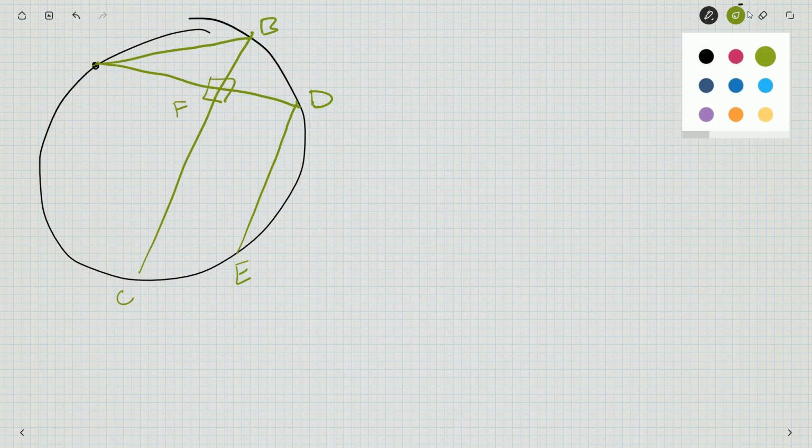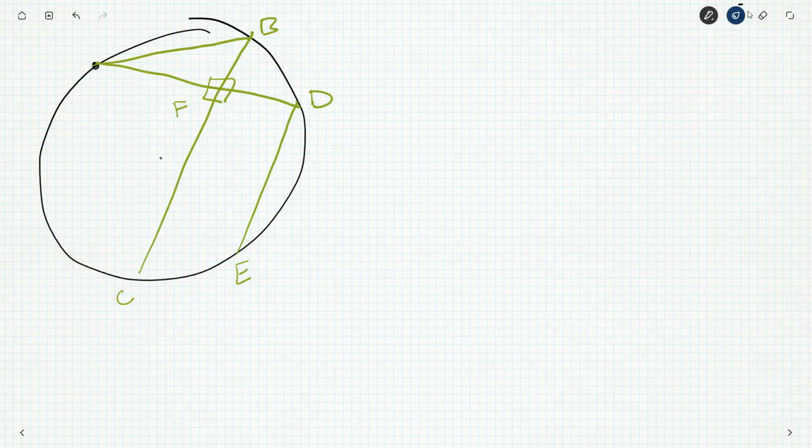And speaking of perpendiculars, if I put in point O, it's going to have to go through. I can draw a radius that's perpendicular to BC, and that radius will have to also be perpendicular to DE. And that means that they cut them in half.